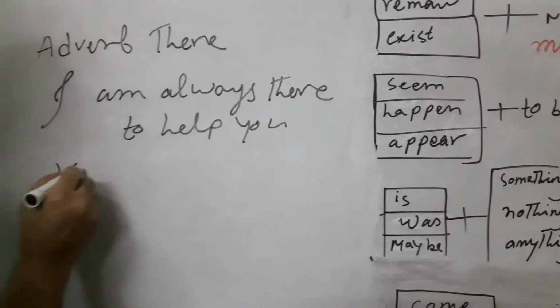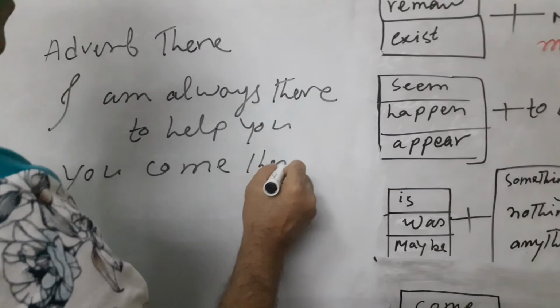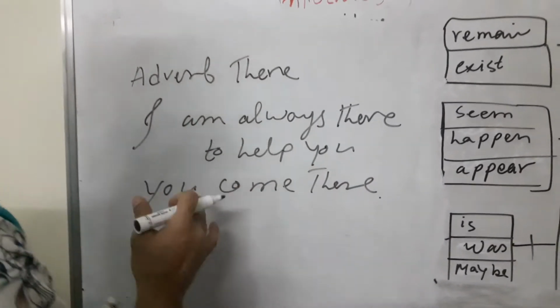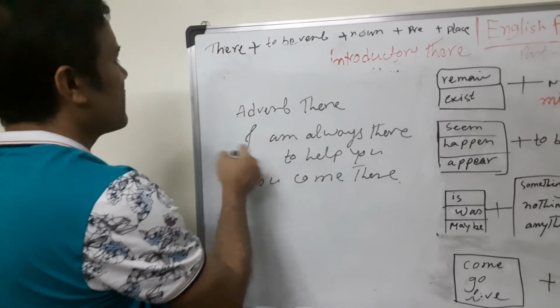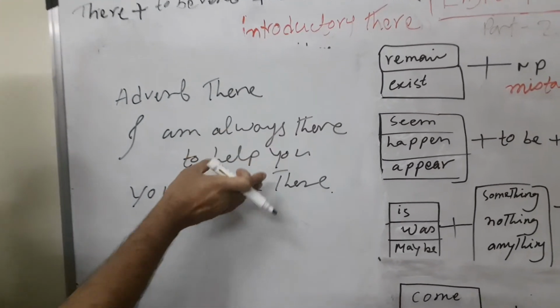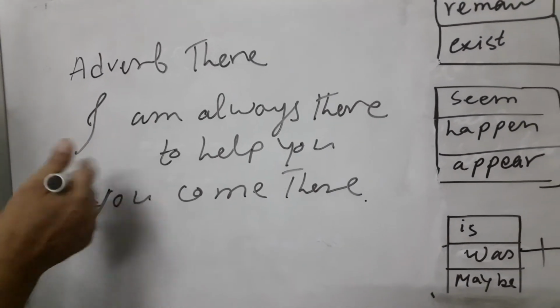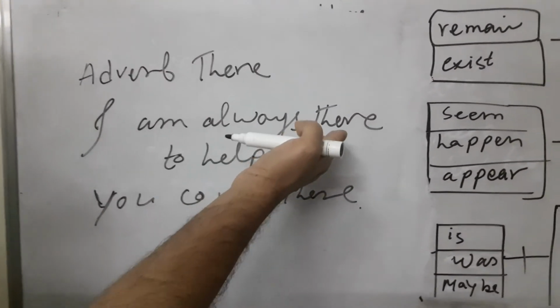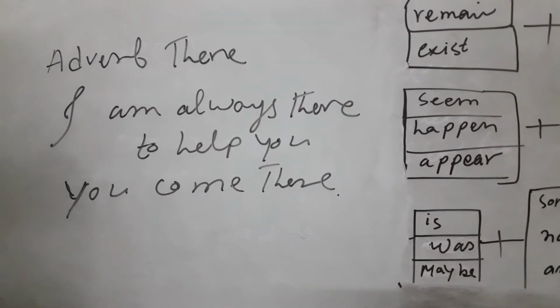You come here, you come there. So this is very easy. Here I'm not using there at the beginning of the sentence. This sort of sentence has a subject, noun, pronoun, or other subjects. That's why this there has been used at the end of the sentence.